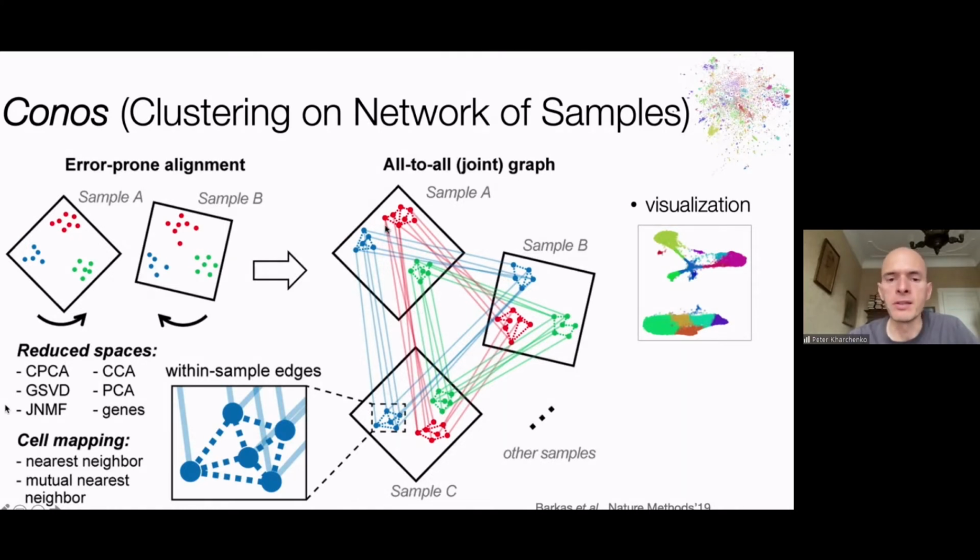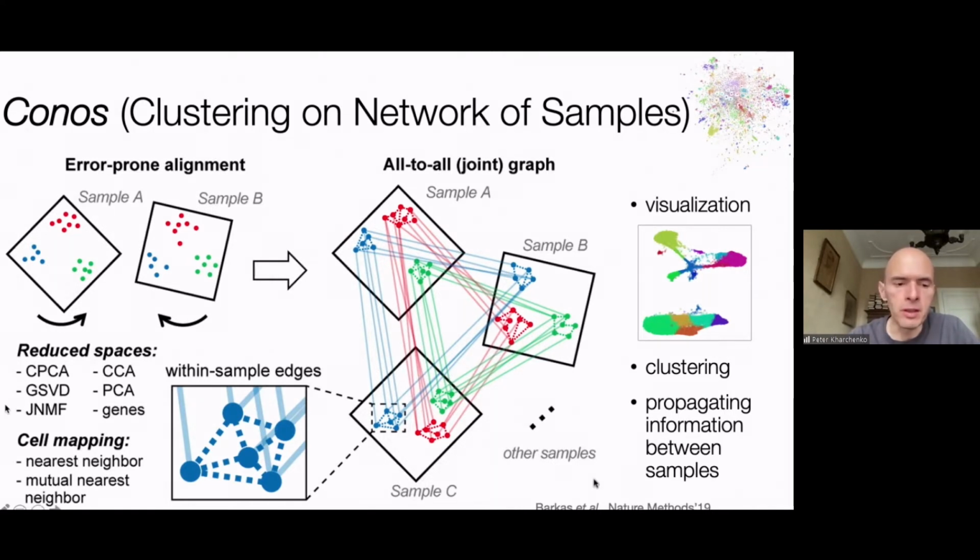Essentially, we try to find the best correlated cells in another sample. And since we have many samples, there are many pairwise combinations that can be done. This forms a joint graph where all the cells from all the samples participate, and we can use that graph to visualize the data, but also determine joint clusters that persistently track individual cell types throughout the collection, and also propagate information between the samples.